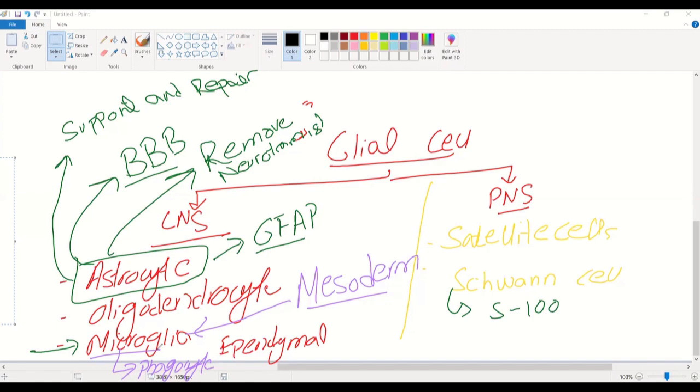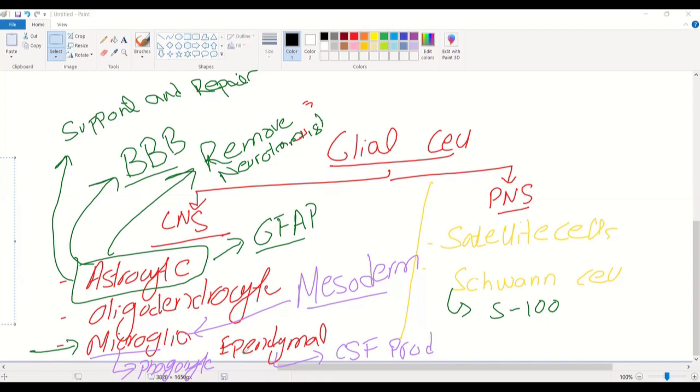Ependymal cells are basically the lining of the ventricle and the central canal of the spinal cord, right? So they are important in CSF production and absorption, right? They are part of the choroid plexus. So they are involved in CSF production.